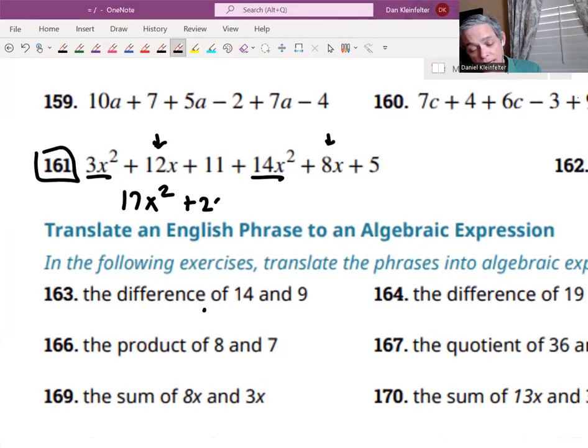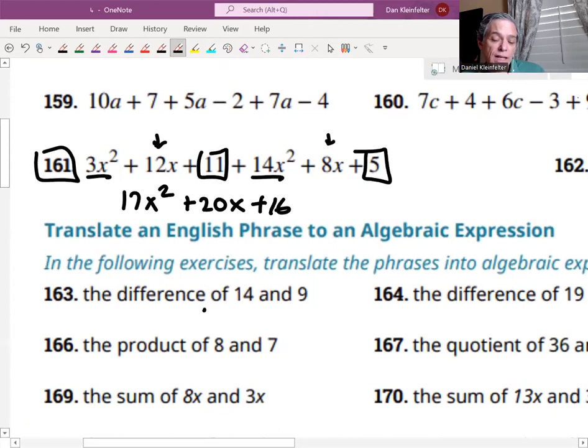That makes 20 x's. And then in numbers, we have an 11 and a 5, and that makes 16. Usually it's a good idea to start with the highest powered terms and work your way down to the constants, because that way you end up with an answer that is in standard form. So there is that.